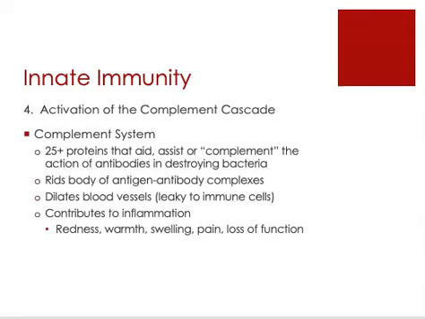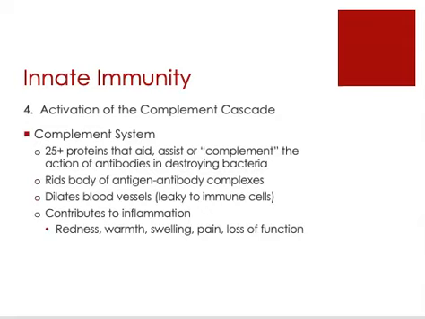The complement cascade is responsible for dilating local blood vessels, which allows immune cells that are in the bloodstream to come out of the bloodstream and into the tissue where the immune response is occurring and help to, again, clean up the debris that's in the area.